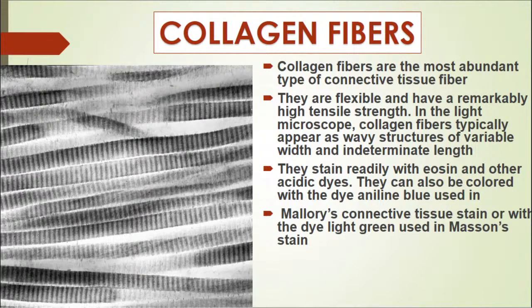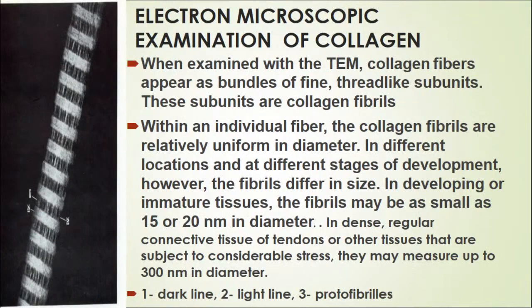In future I will show you this photomicrograph, but talking about electron microscopy is more important. Under the transmission electron microscope, we can identify this interesting structure, especially collagen fibrils.